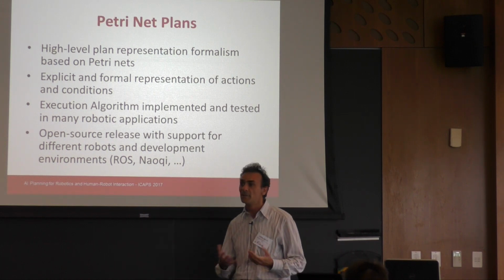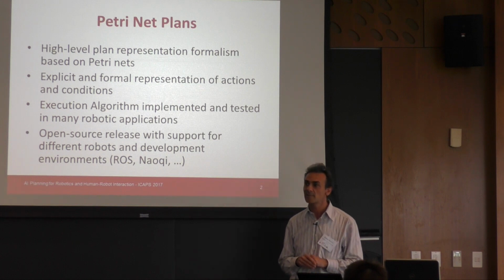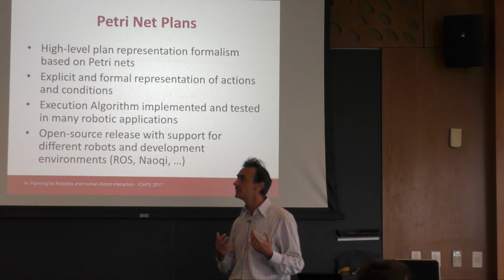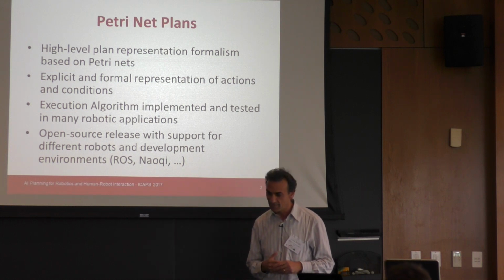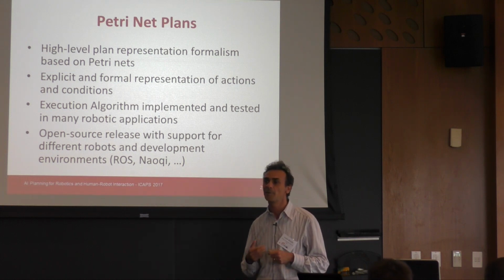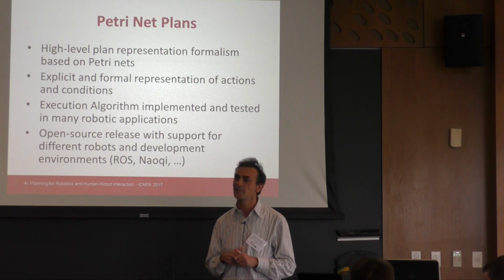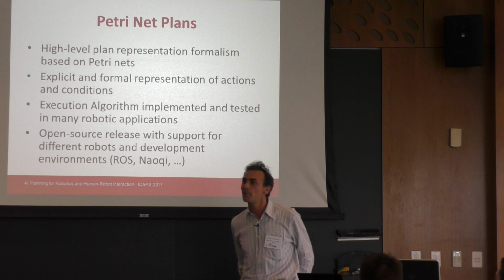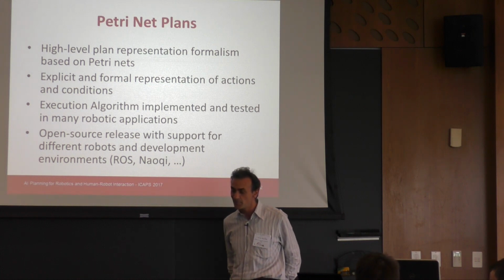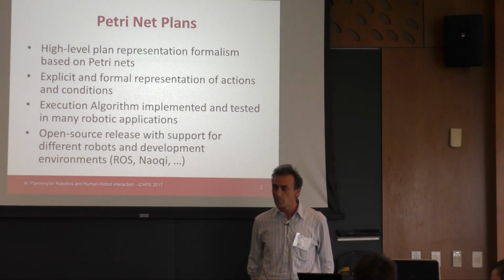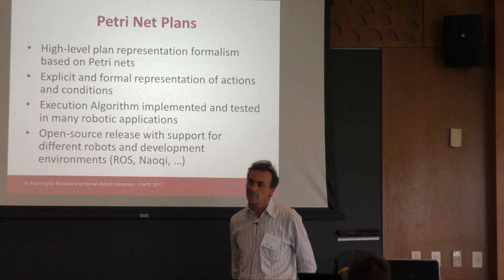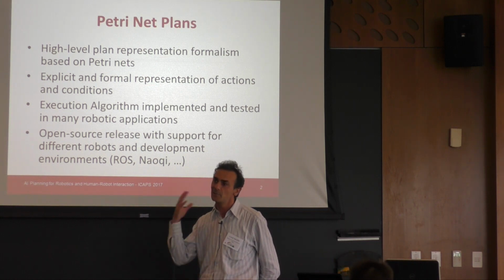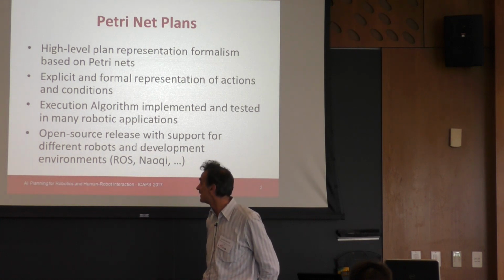But this formalism has been designed in such a way as to use the definition of plans that are usually considered in the planning domain. So in other words, this planning formalism is able to represent explicitly actions and conditions that are typically mentioned in the domain of a planning system.